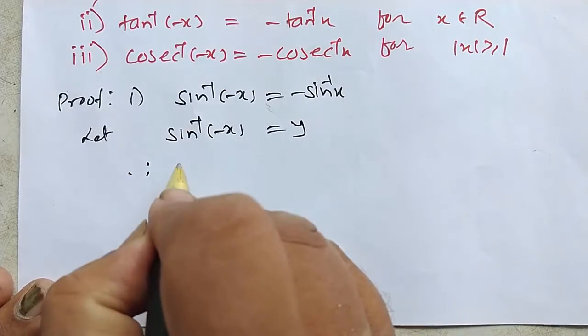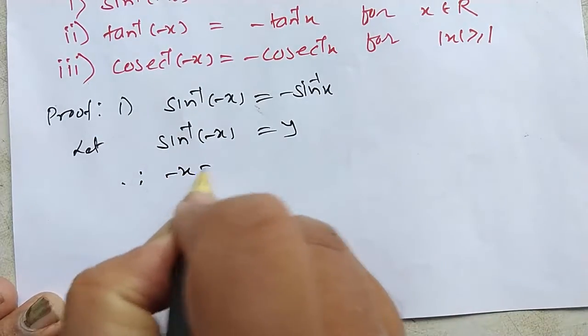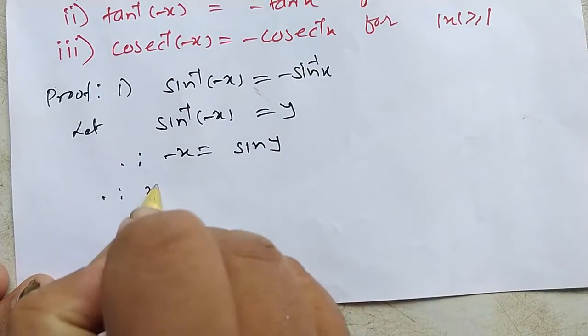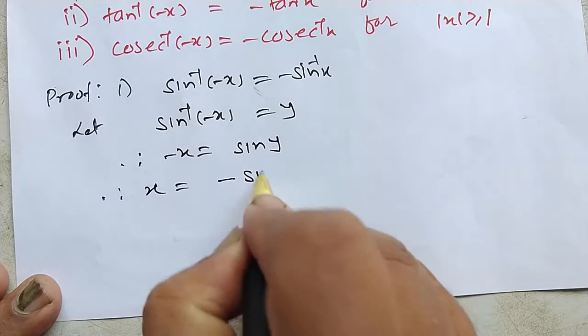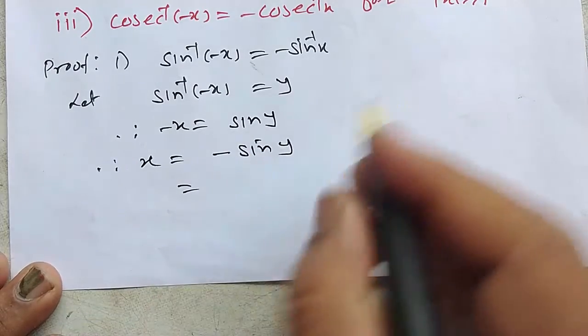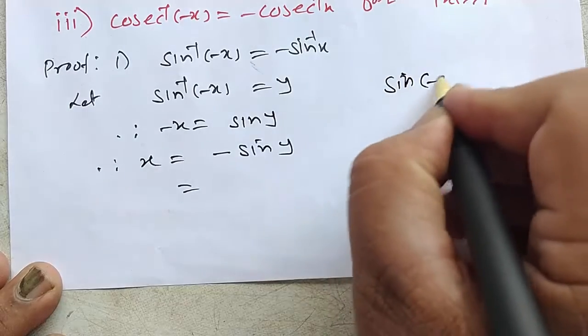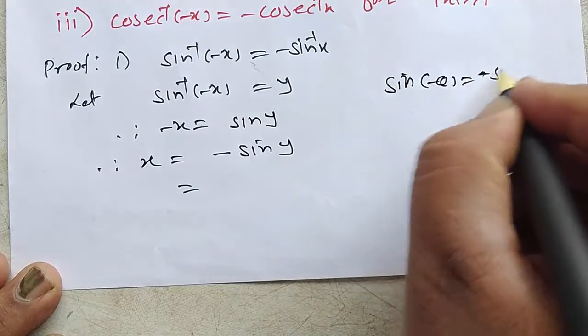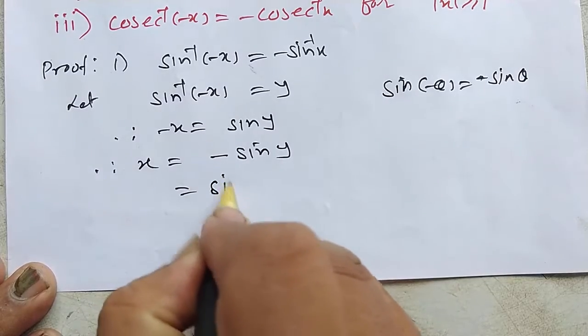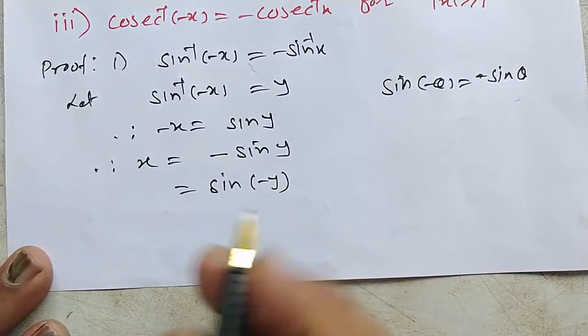Therefore, by definition, minus x is equal to sine of y. Therefore, x is equal to minus sine y. We know that sine of minus theta is equal to minus sine theta. Using this, it becomes sine of minus y.